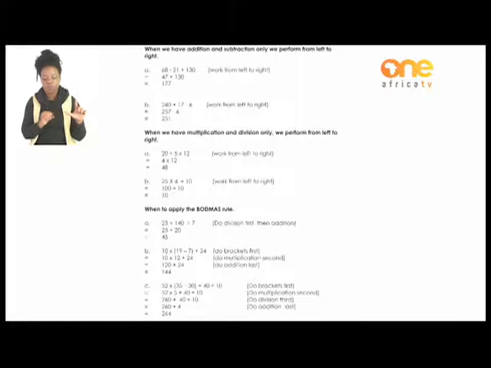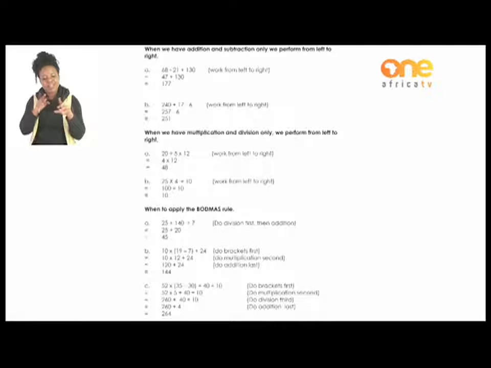So we do the multiplication first. 25 times 4 equals 100, divided by 10. Now we do the division part and we say 100 divided by 10 equals 10. So this is when we only have multiplication and only have division.